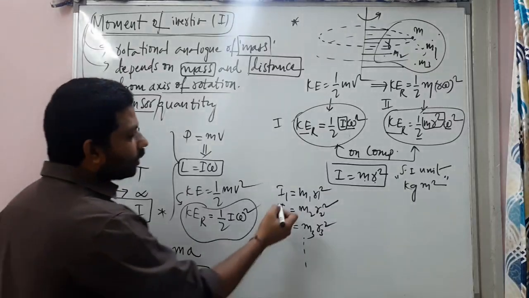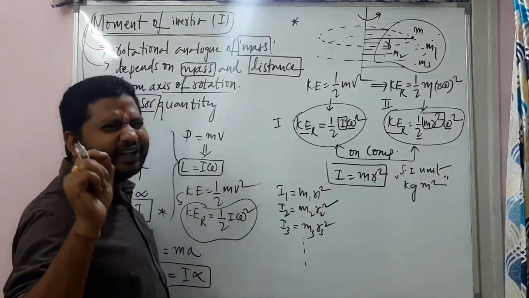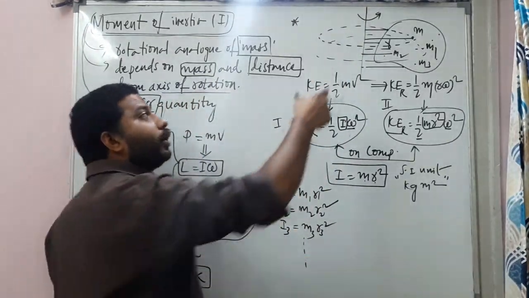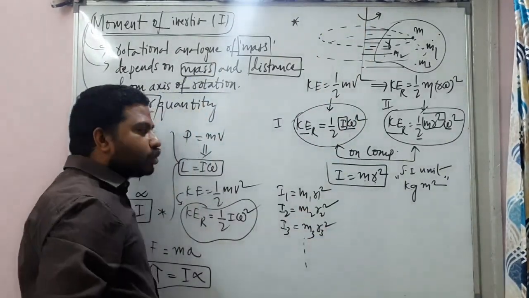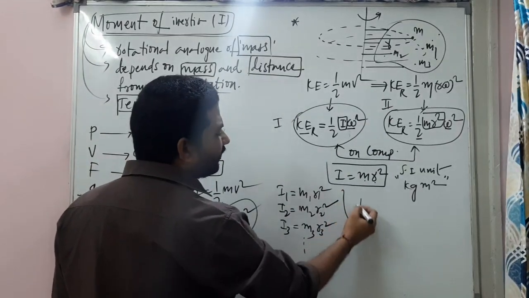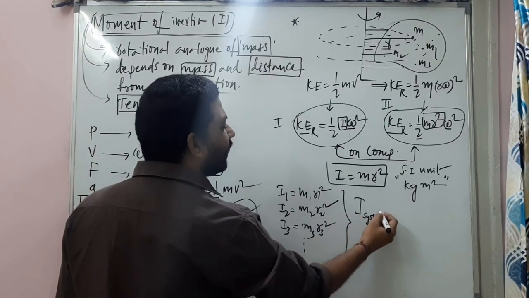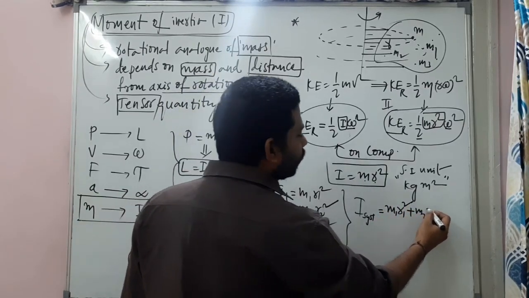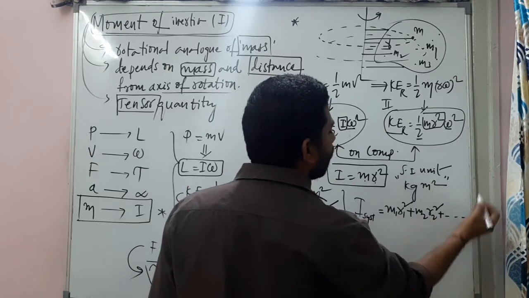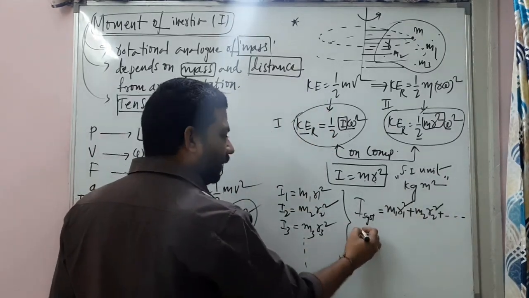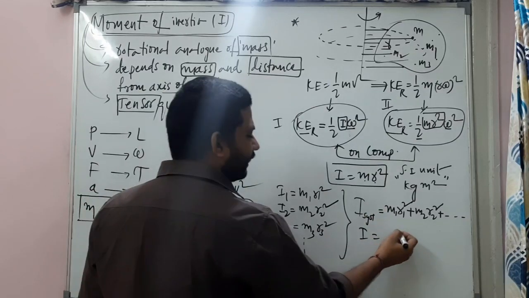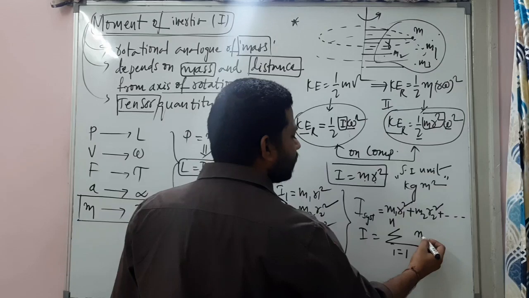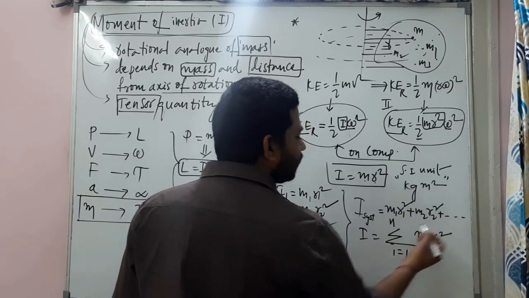Alright, so this is the moment of inertia of an individual mass about this axis of rotation. Once again I am telling you about this axis of rotation. The moment of inertia of the system, if I want to write, will be m1 r1 square plus m2 r2 square plus so on. So the moment of inertia of the system is the summation of i equals 1 to n of mi ri square.